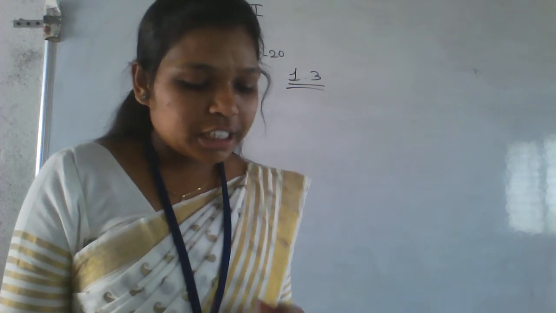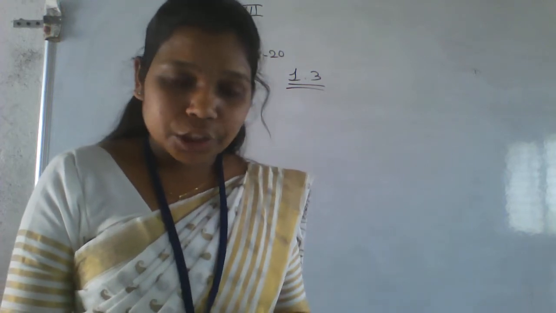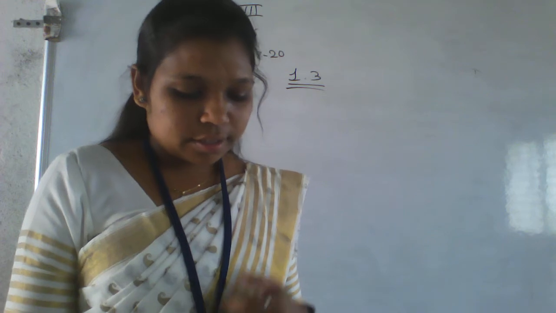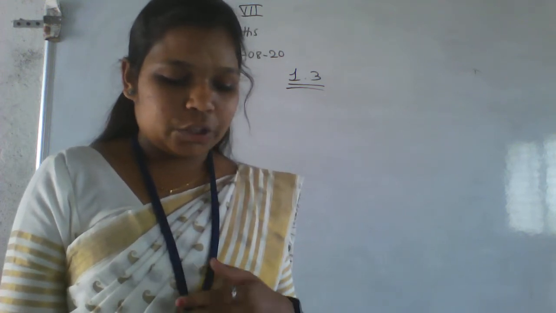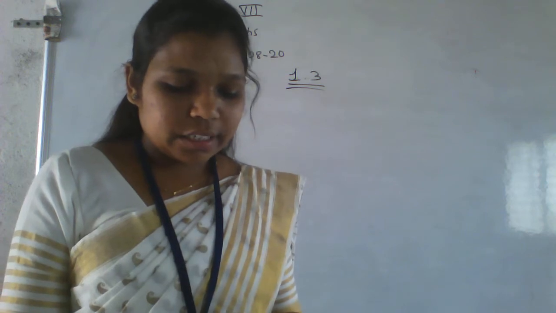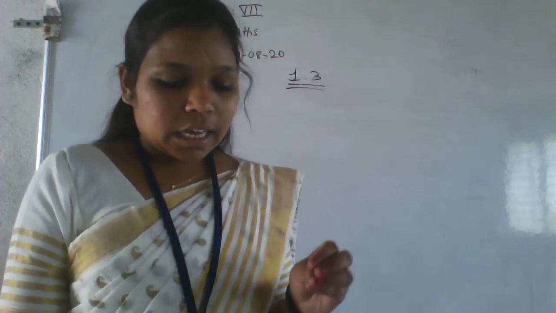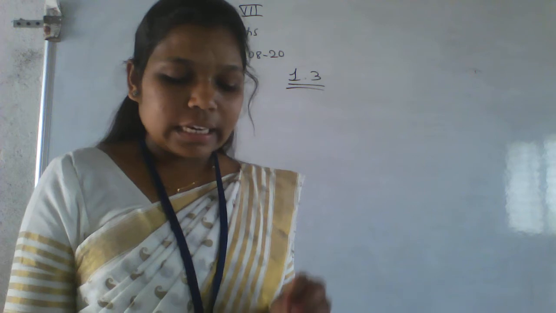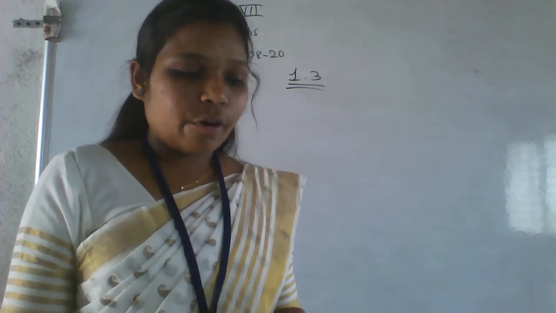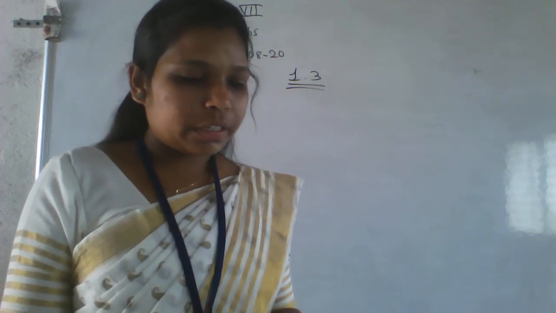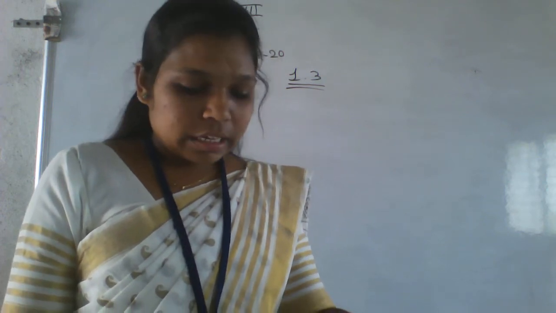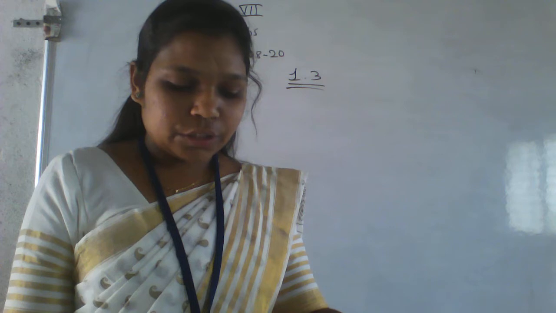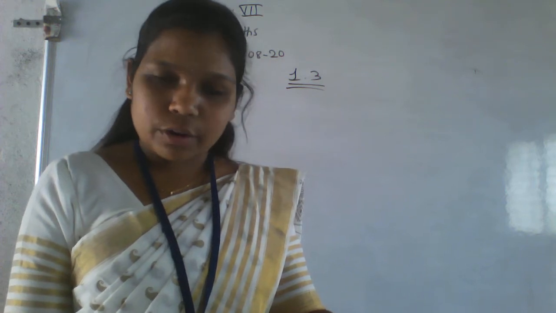So the first one: the collection of integers obeys the closure property for division. For integers, whether the closure property for division is satisfied.